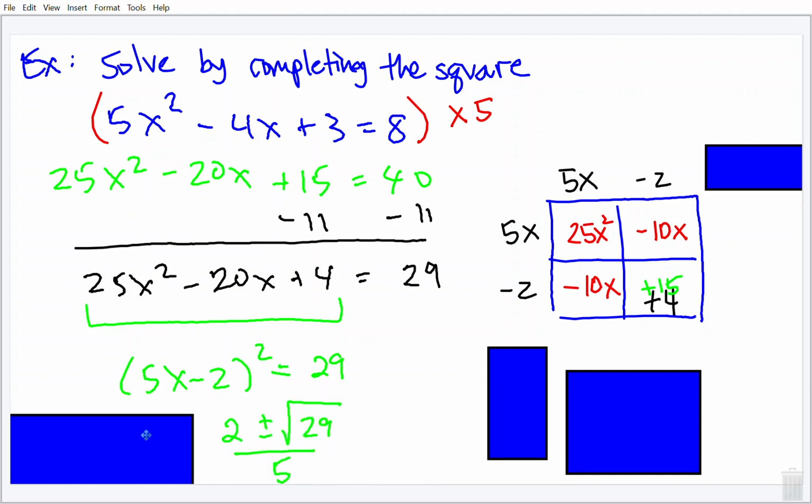So the final answer is that x equals 2 plus or minus the square root of 29, all over 5. And now we have successfully solved the quadratic equation 5x squared minus 4x plus 3 equals 8 by completing the square.